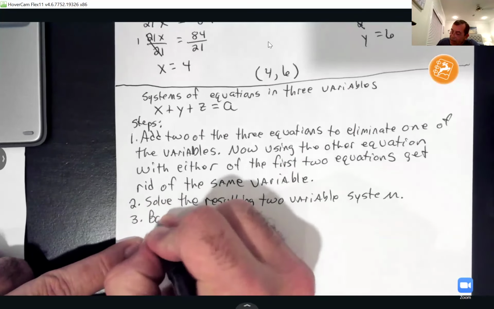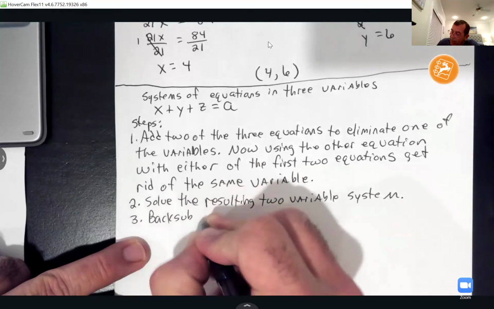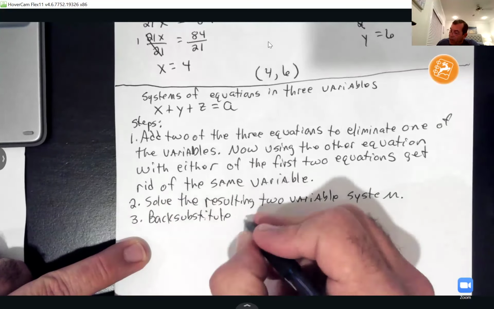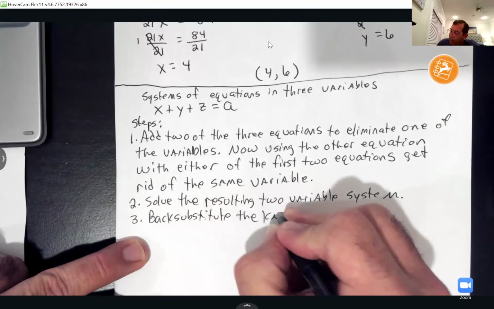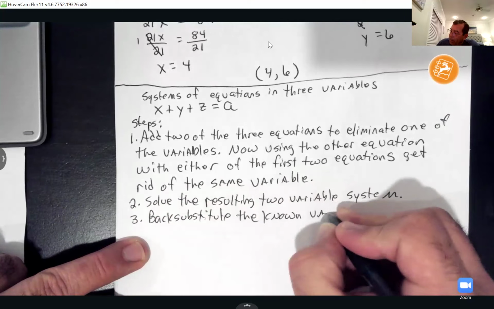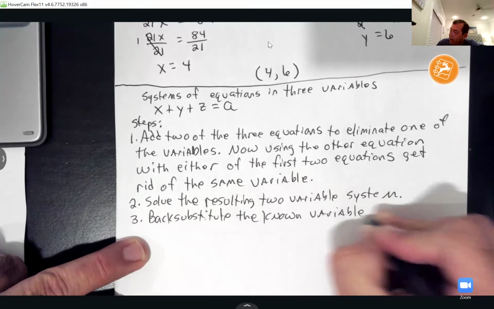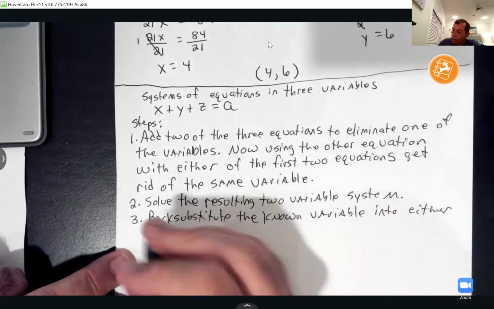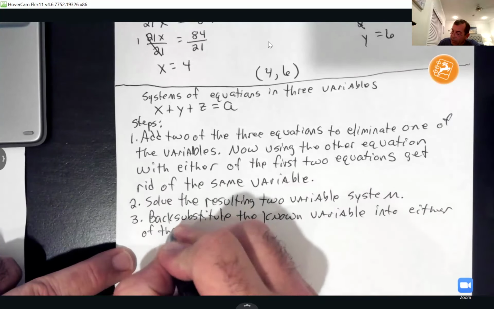So now we back substitute the known variable into either of the two variable equations.